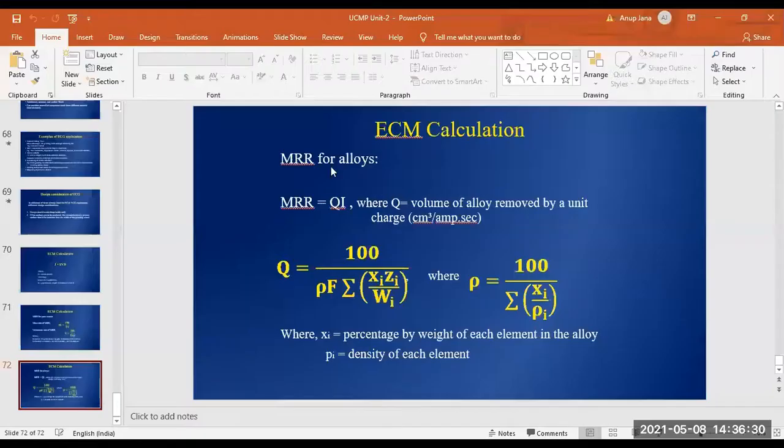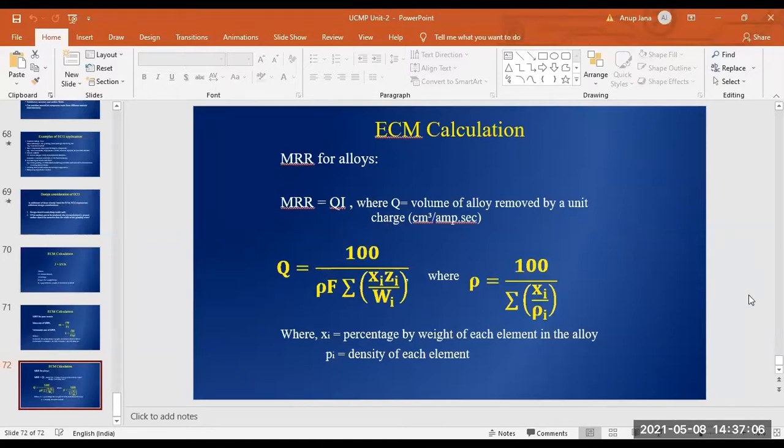So this is another formula for alloys, where you can see that MRR is equal to Q into I. Where Q is the volume of alloy removed by a unit charge, and the unit will be centimeter cube per ampere second. Okay, and just note down this equation for alloys.